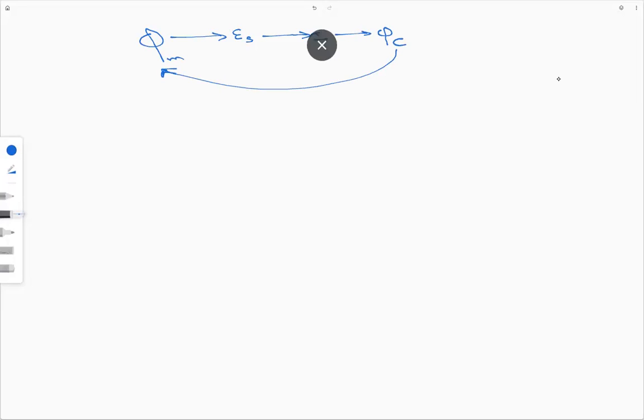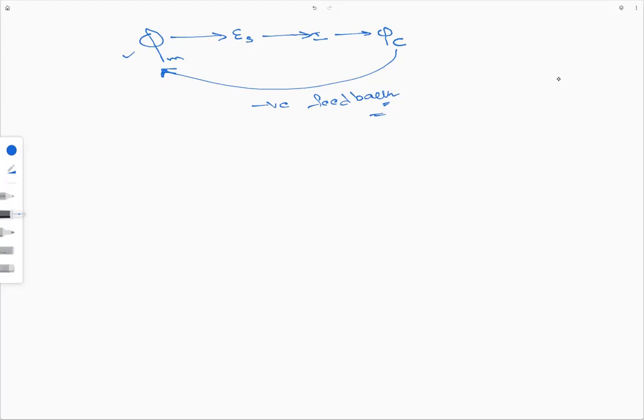Therefore, this feedback system is what we call negative feedback. Why negative feedback? If it is supporting, if it is in the same direction as the main field flux, then I can say it is positive feedback. But it is opposing the changes in the main field flux. Therefore, I will say it is negative feedback.